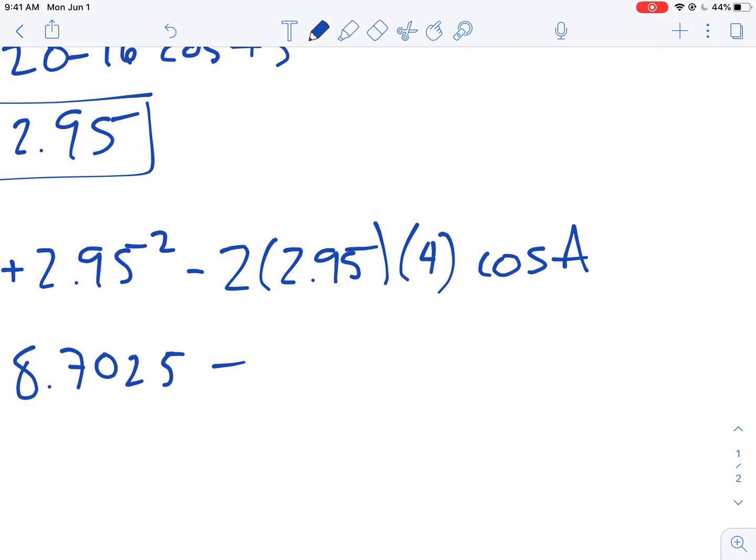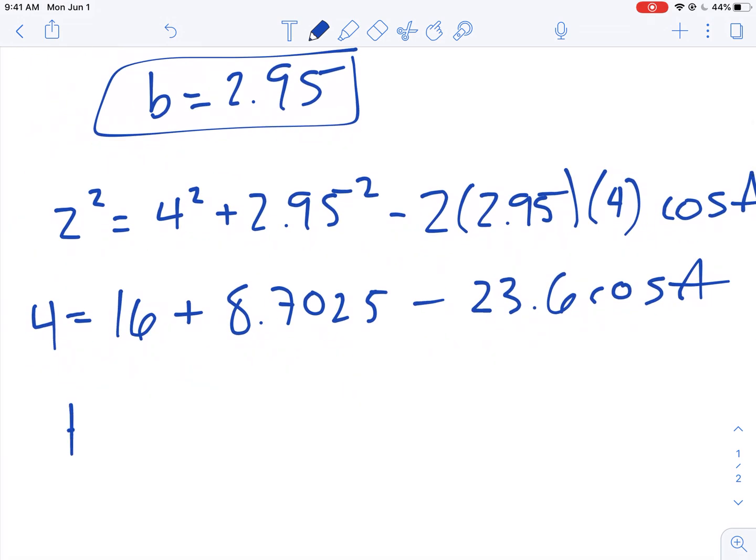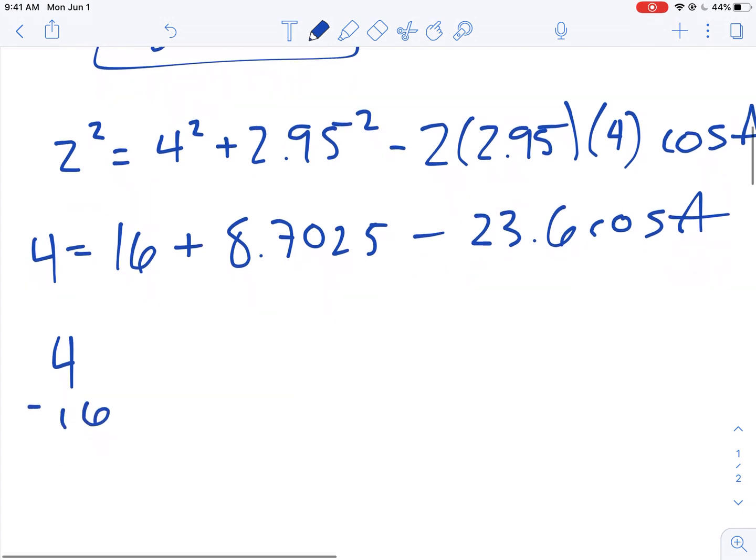Sorry, my calculator is working extremely slow today. So that gives me a value of 23.6 times the cosine of A. So this is 4 minus 16 minus 8.7025.